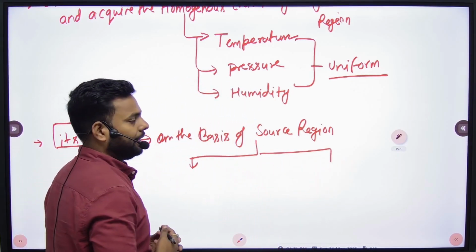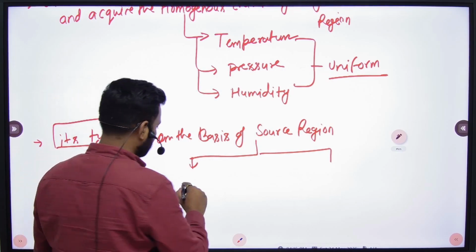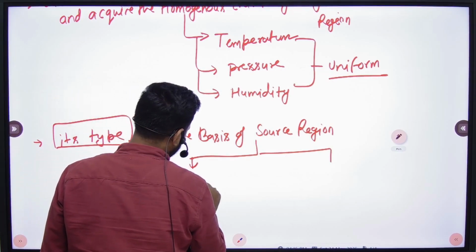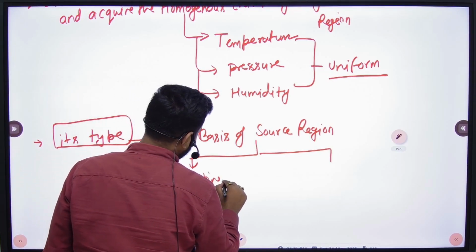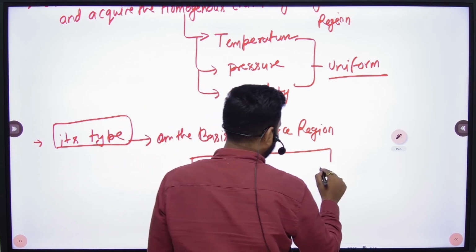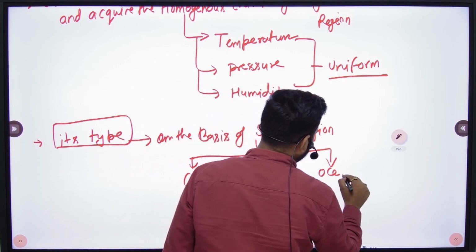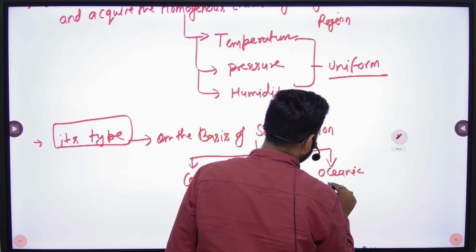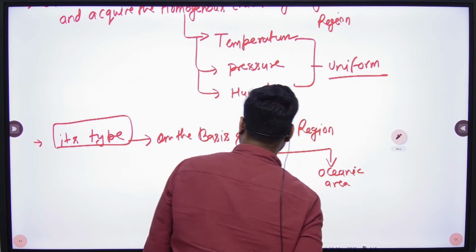Either the air mass originates on a continental area or the air mass originates on an oceanic area.